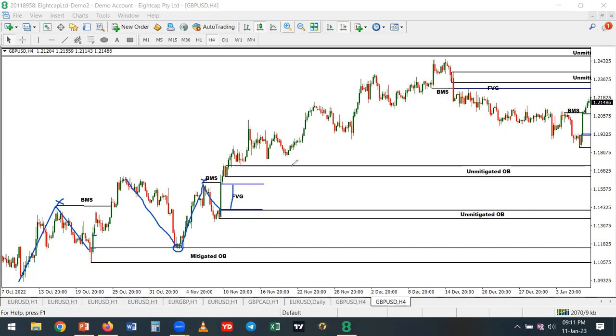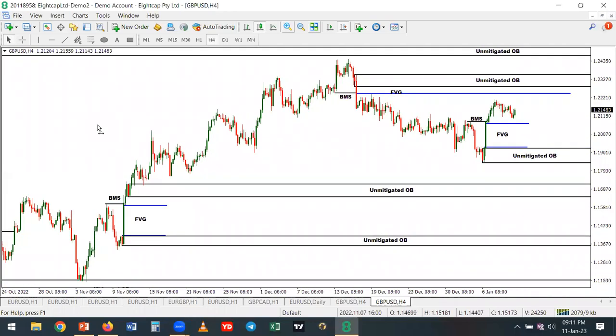So whenever price returns to this particular order block, to fill that FVG and tap into that order block, you get an entry for a sell. What am I saying? When price eventually, in the nearest future, returns back to this order block, you get an entry for a buy from this.